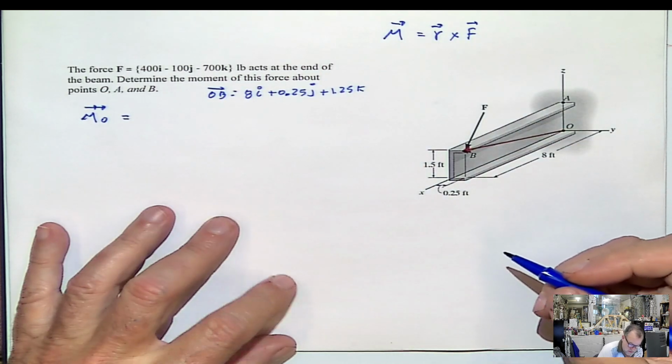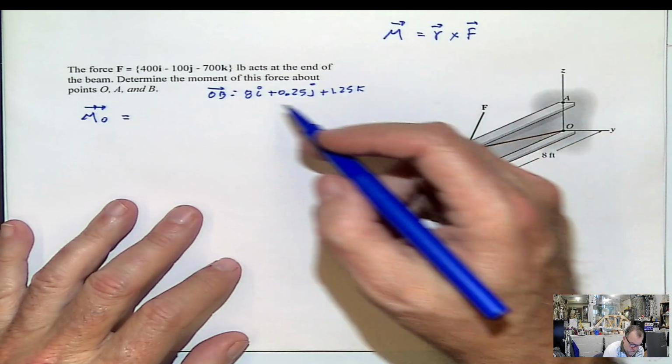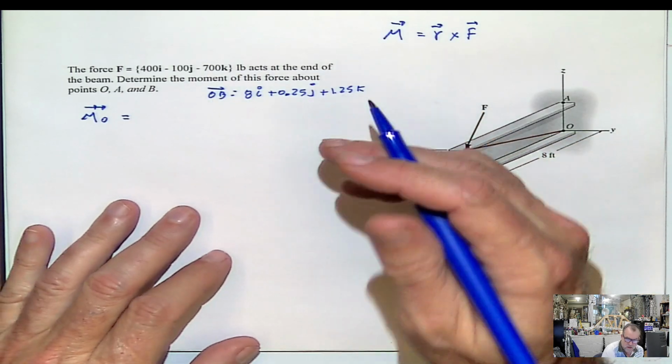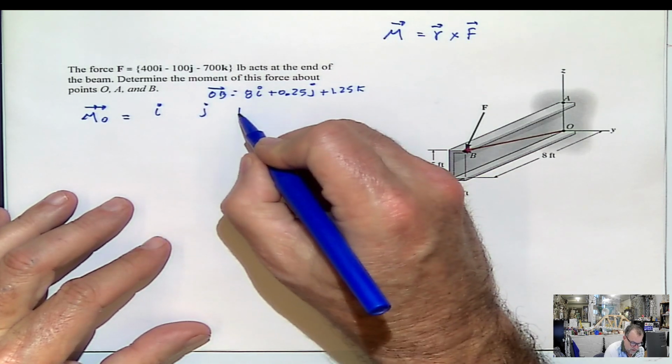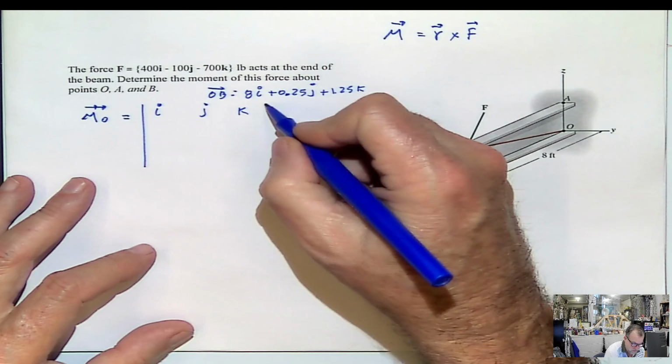And once you have that, and you have the force in Cartesian, you can create the determinant of that thing. So you put here I, J, K, and do the cross product.